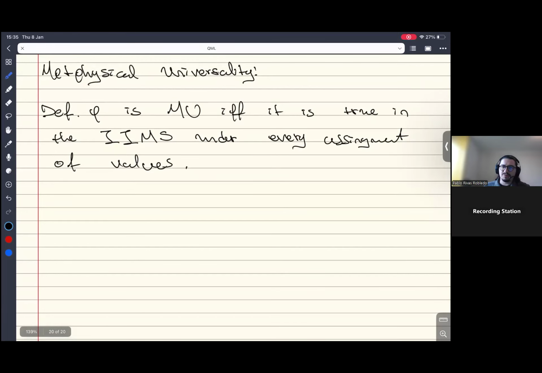So the idea of this is that, roughly speaking, a formula is metaphysically universal if it describes a structural feature of reality that does not depend on the nature of the properties involved.